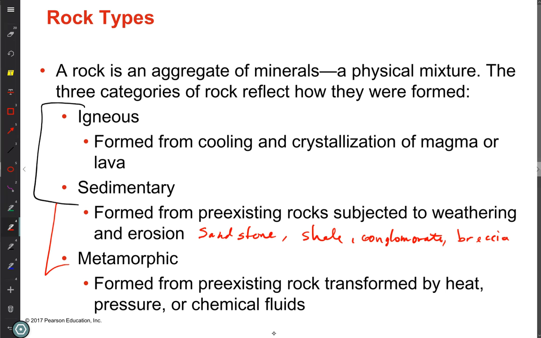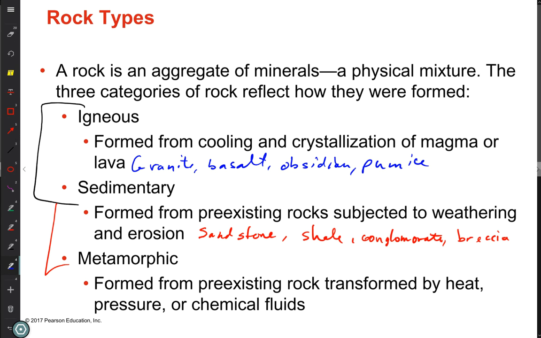Igneous rocks are things like granite, basalt, obsidian, pumice, andesite, it goes on and on. So they're separated by how they formed, if it was melted or if it was just deposited.